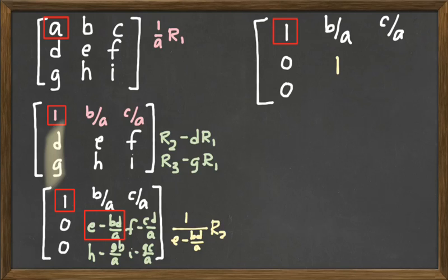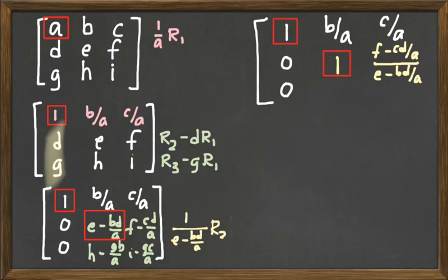And I'm, again, containing the mess so that now I have a 1 in this position. But now the second row, third column is going to be this disastrous compound fraction, f minus cd over a, divided by e minus bd over a. And that is not at all easy on the eyes. So let's just not make it a compound fraction.